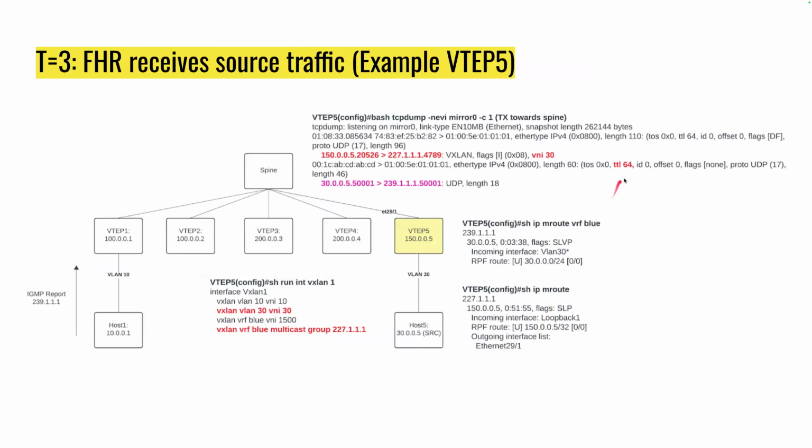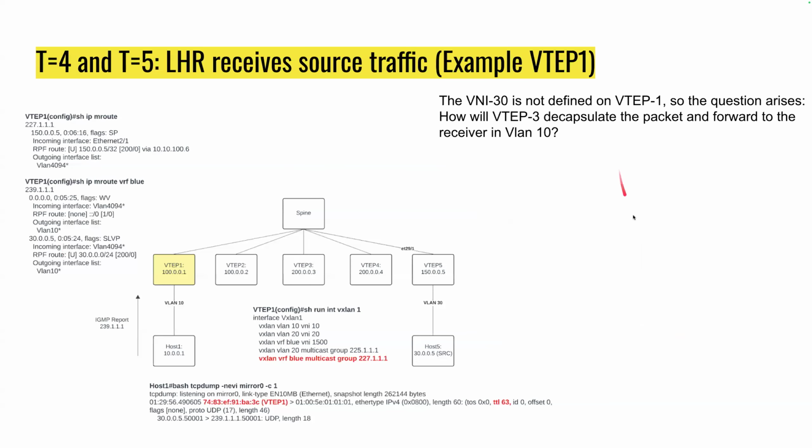While the packet is egressing out of VTEP 5, it is TTL 64. Whereas if you look at the TTL in the packet which the host is receiving, you see the TTL is 63. So essentially the packet is routed on the receiving VTEP. And that is why we see the source MAC as that of VTEP 1 and the TTL as 63.